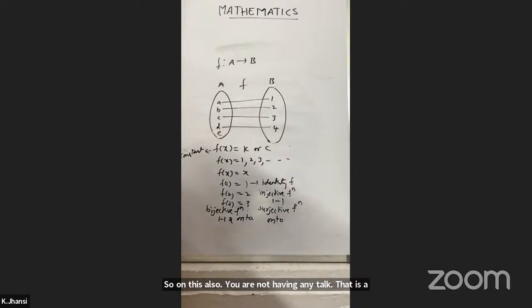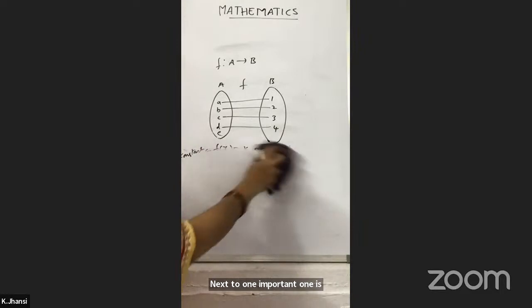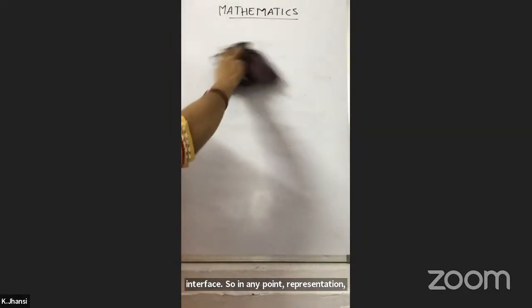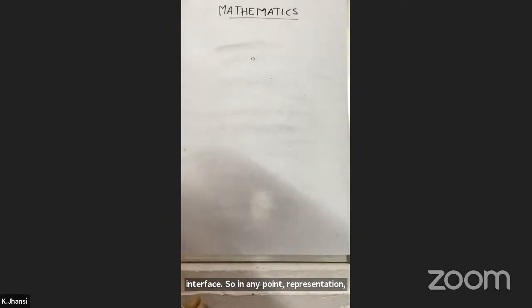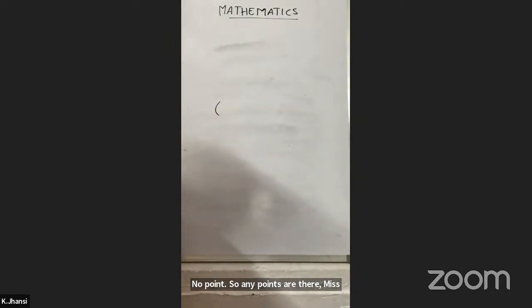Next one, important one is intervals. So in any point representation, you will write like this. So any points are there means you'll keep like this brackets. Okay.